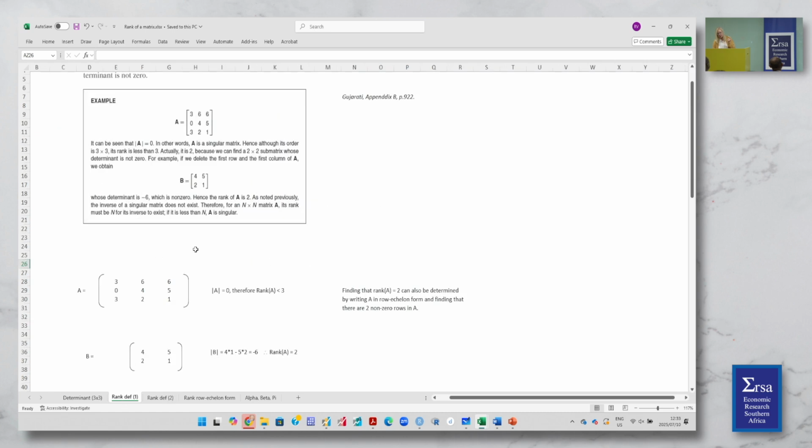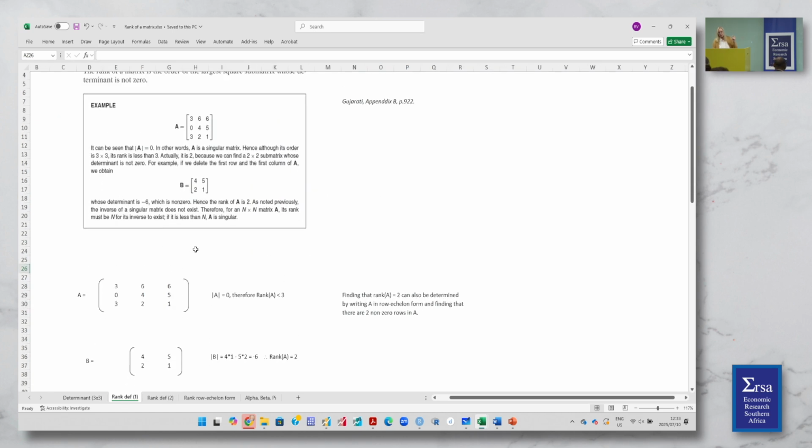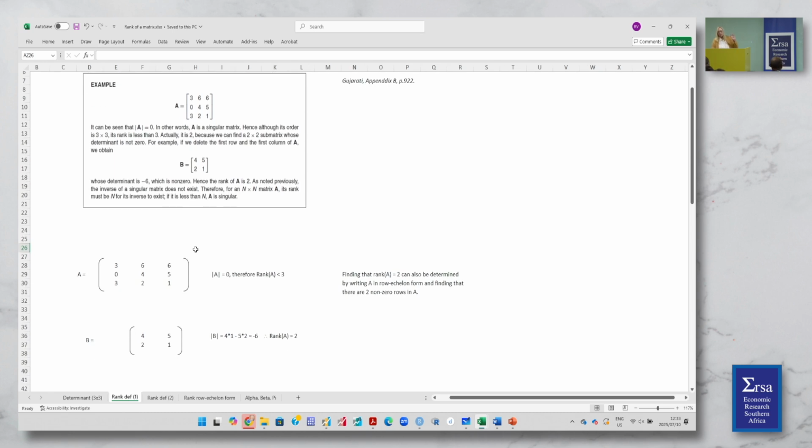So that's the one definition. The other definition is you look for a determinant that is non-zero. And if we calculate the determinant of A here, we see that that determinant is 0. But if we calculate the determinant of just that submatrix here, of those 4, it is non-zero.